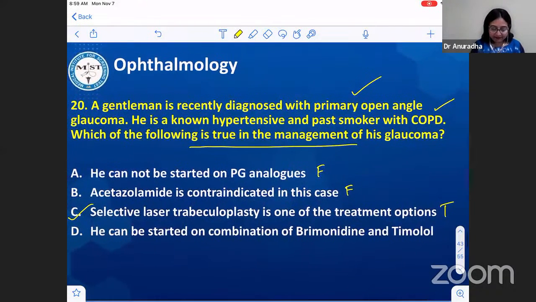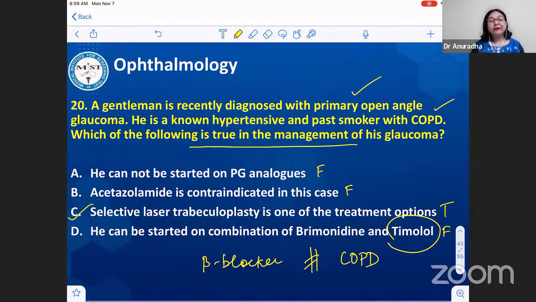Choice D is he can be started on combination of brimonidine and timolol. Here, brimonidine, I do not see any contraindication, but timolol, beta, is your beta blocker, and beta blocker is contraindicated in COPD. So this is the false statement.